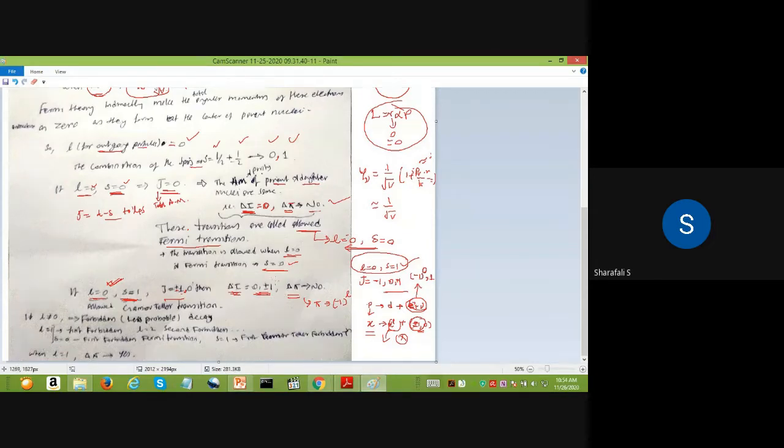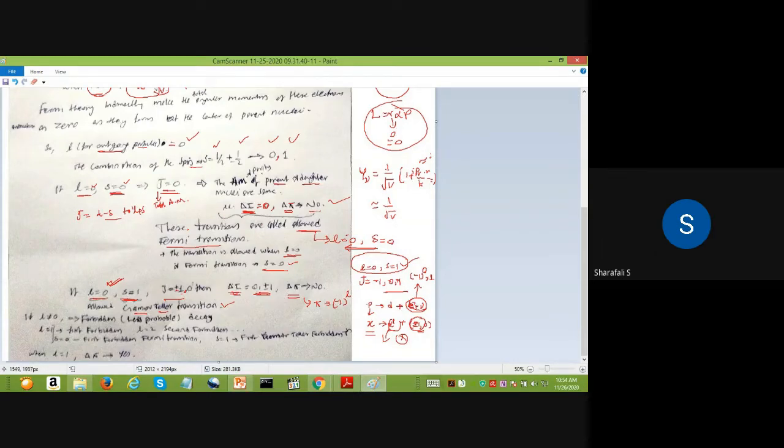So this kind of transition, which is allowed because L equal to 0, but which is not Fermi, is called, sorry, Gamow-Teller transition. So these are allowed Gamow-Teller transitions.